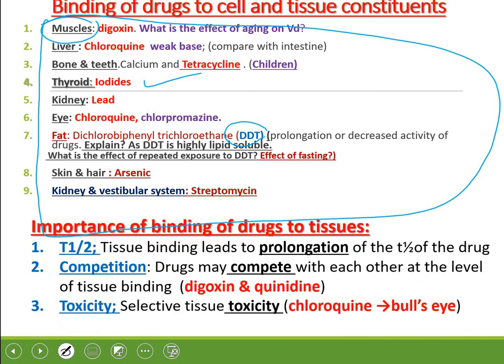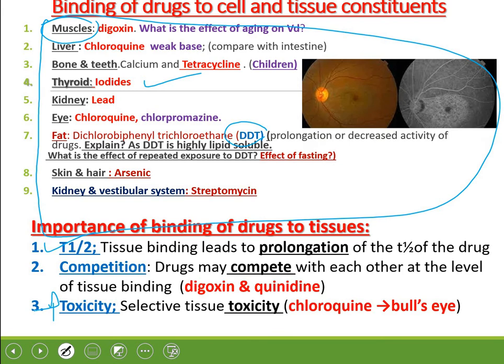So far as drug binding to tissue is concerned, when it goes and attaches to tissue, remember the elimination is prolonged, and once the elimination is prolonged, the half-life of the drug is increased, and therefore sometimes the toxicity of the drug may be increased.